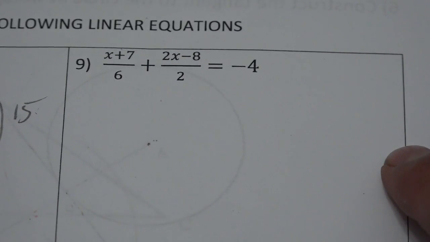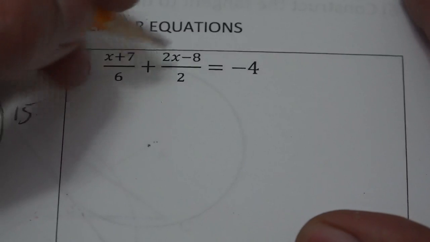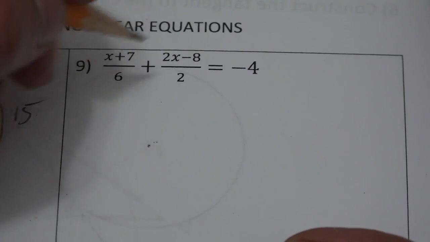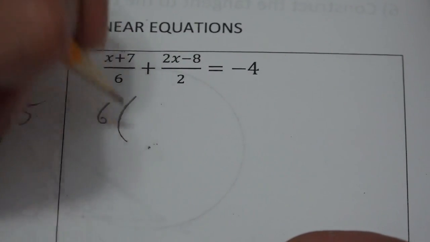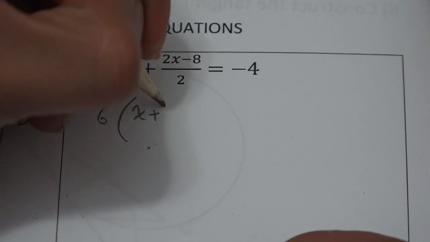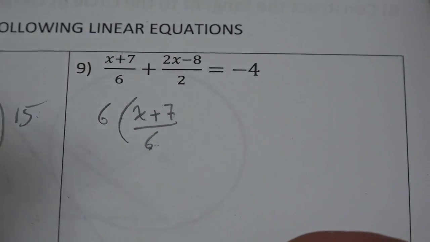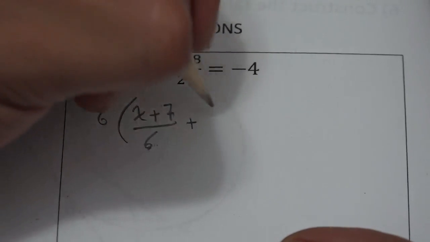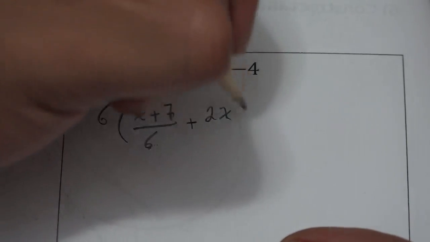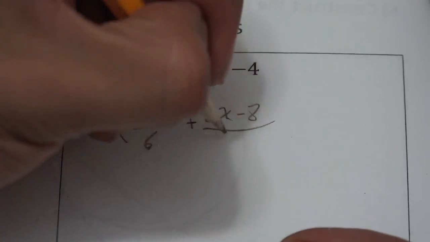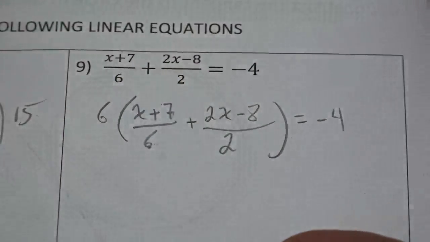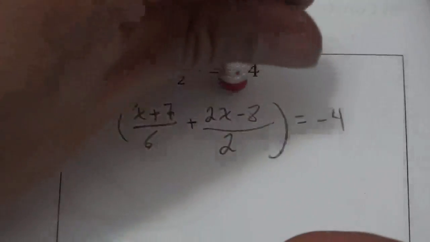Here, well, the common denominator is 6, as I can see, so I'm going to multiply the whole thing by 6. Alright, oh, I keep on closing the parentheses.